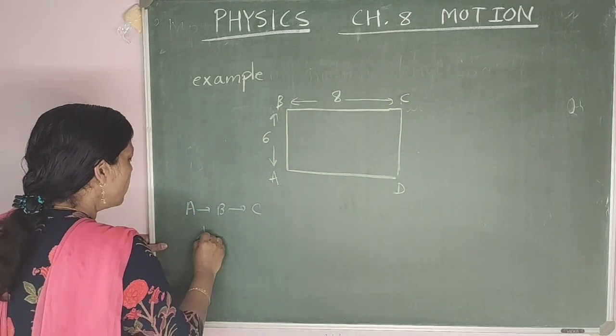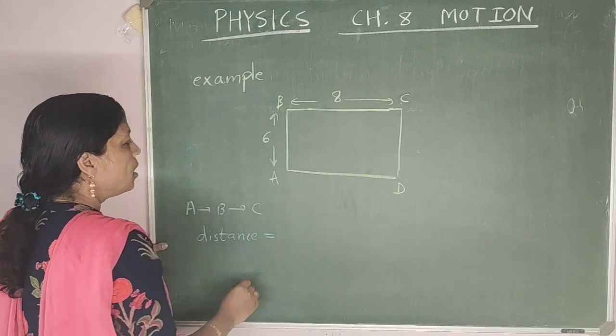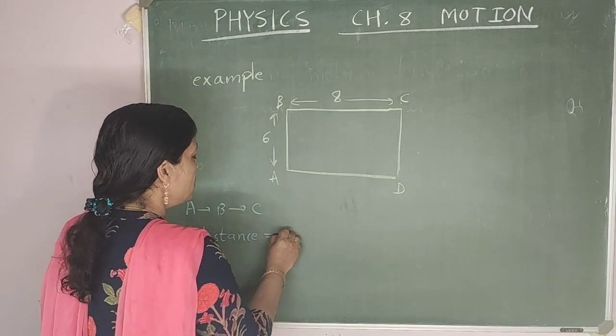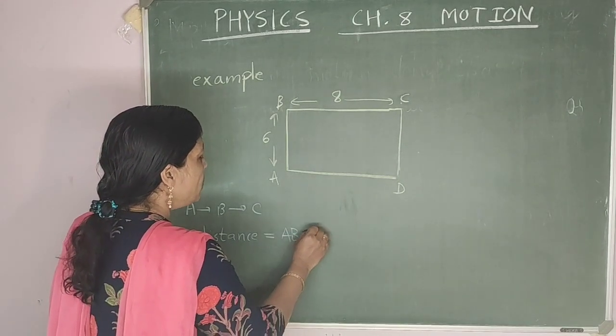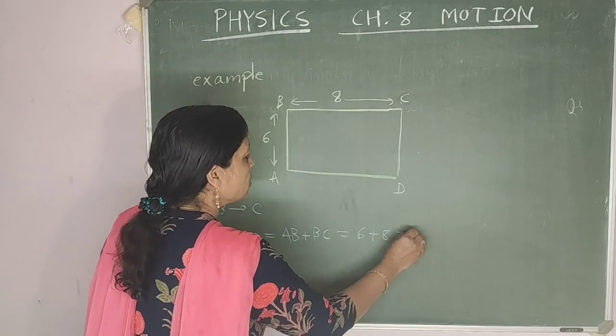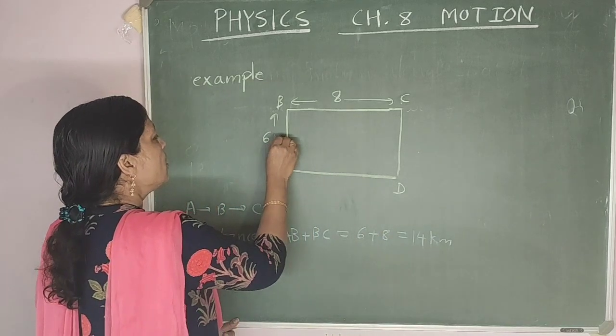Now we want to find out the distance covered by the person in going from A to B and B to C. As you see, the distance is AB plus BC. It will be 6 plus 8, which is equal to 14 km. These 6 and 8 are in kilometer.